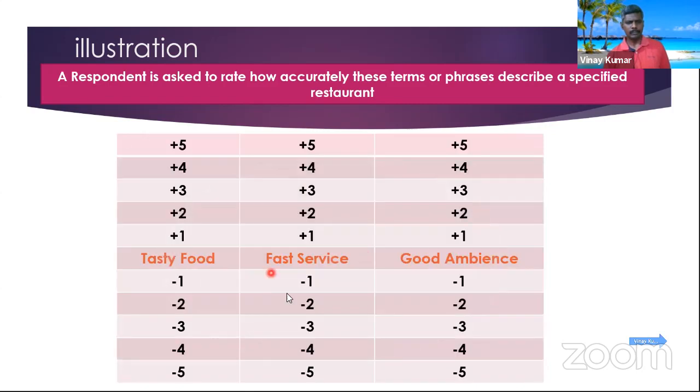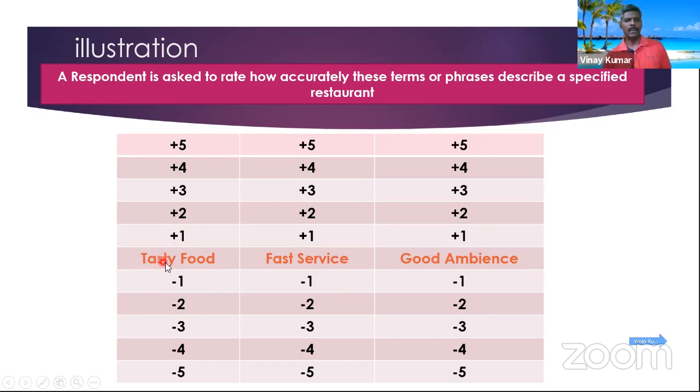You have three dimensions taken here: tasty food, fast service, and good ambience. These are the three aspects that the researcher wants to measure, and the researcher has been given the task to measure these three dimensions.